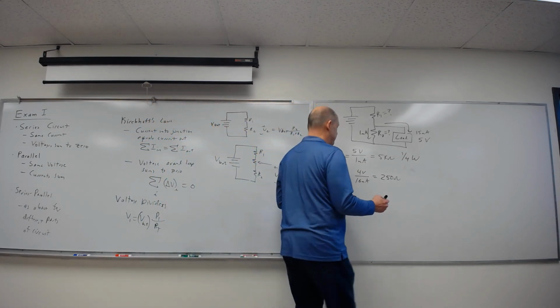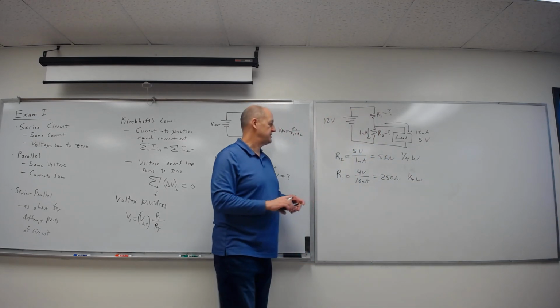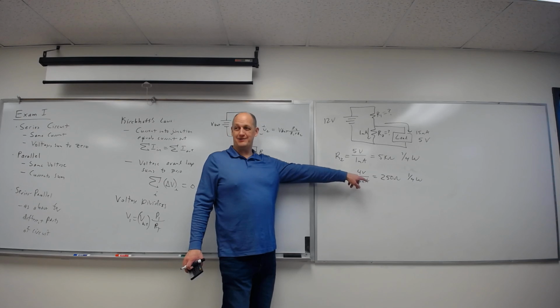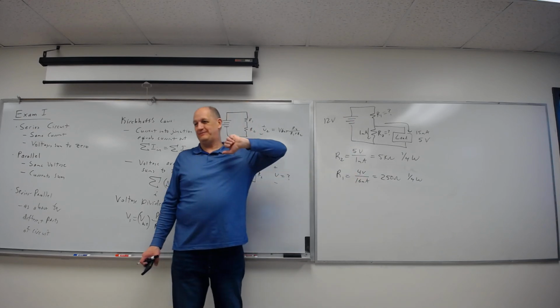I double check. This can still be a quarter watt. Watch out. A lot of times for these settings, you might get done and you calculate power and realize it's got to be like a 1/2 watt resistor or a 1 watt resistor because of the amount of current flowing through it.